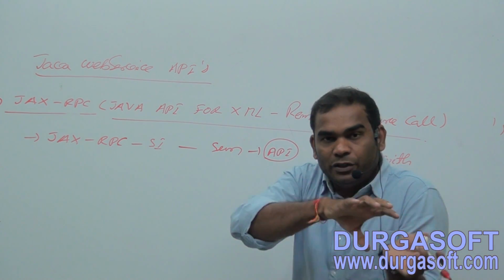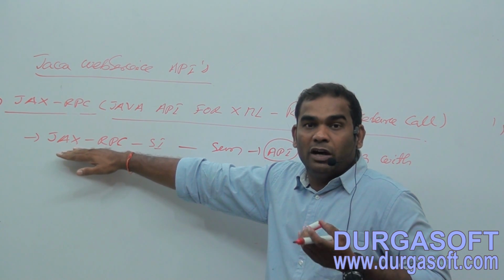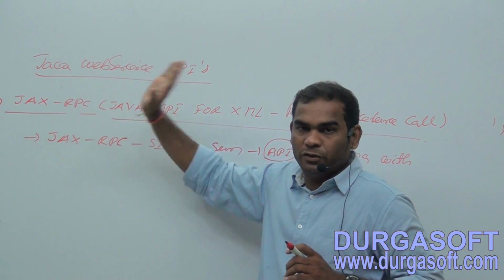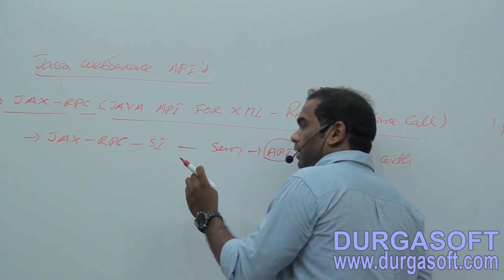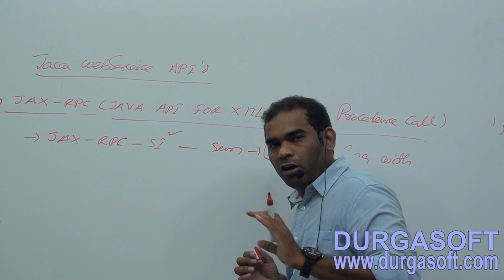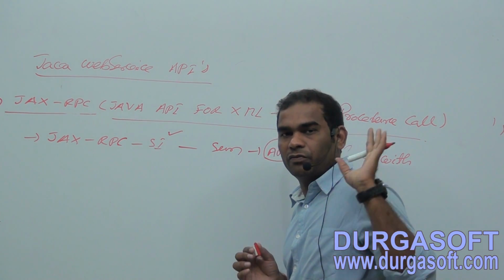Again, we need to separately download this API if we want to develop a web service or web service client using Java with this specification. So you should understand one point: this implementation is given by Sun Microsystems but not along with the JDK. We need to separately download this software.